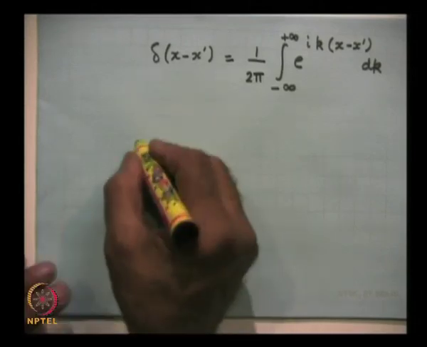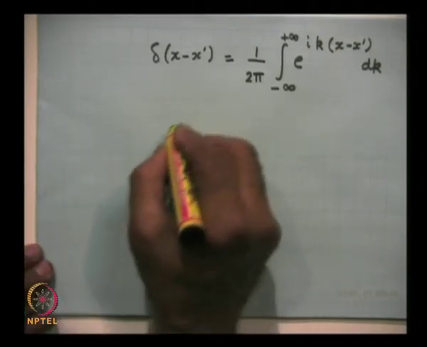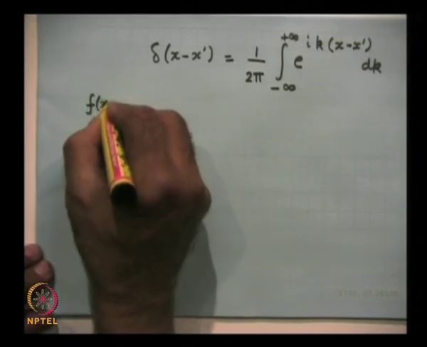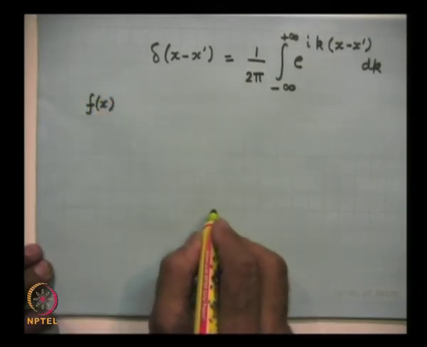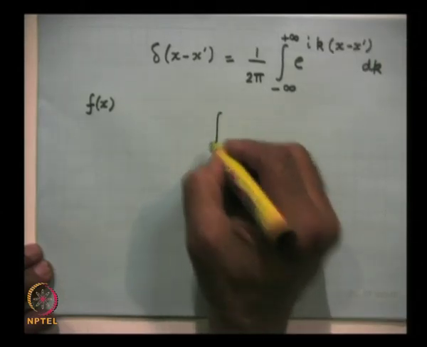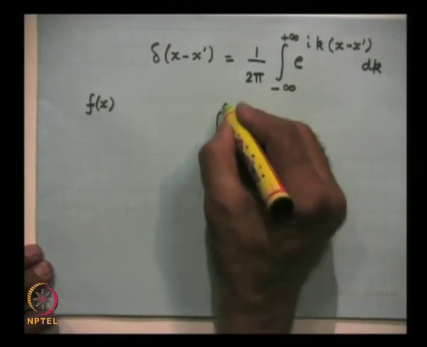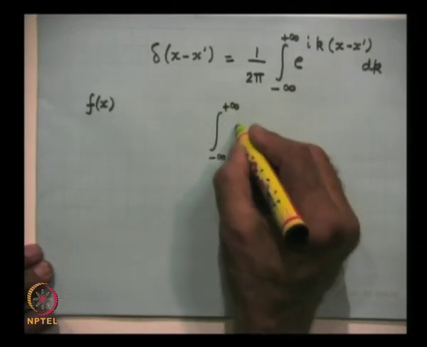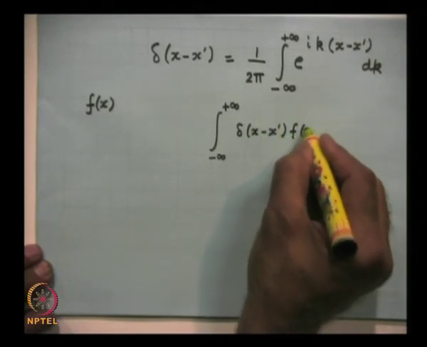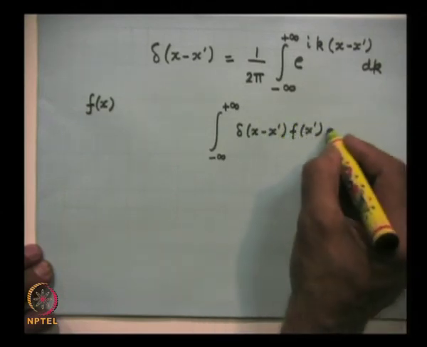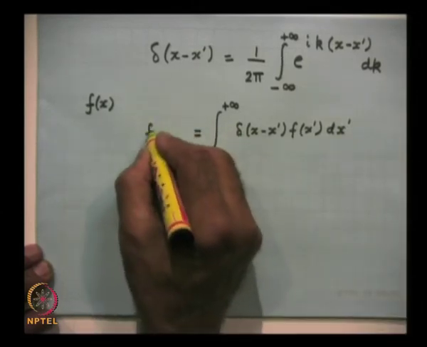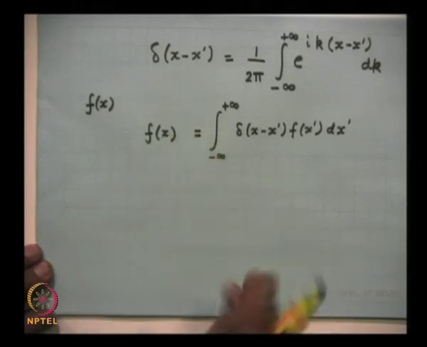Now, I had told you earlier that I consider any arbitrarily well behaved function f of x, and if I multiply this f of x by the delta function and integrate over x prime, then I will get the value of the function f of x.